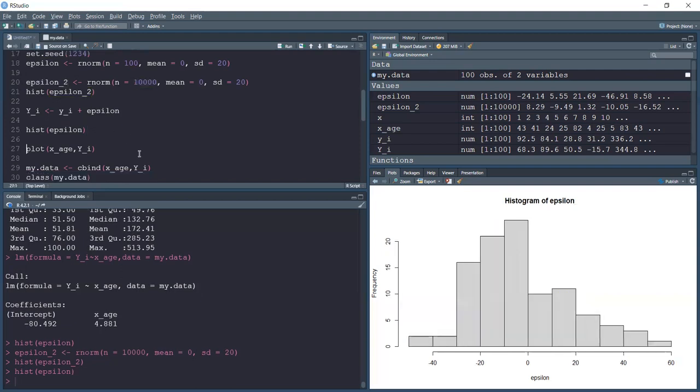So with only 100, especially with the standard deviation, I took quite a wide standard deviation, you don't have enough data to really get a good idea of the shape of the underlying distribution. With 10,000, you're moving a lot closer to generating something closer to the theoretical shape.